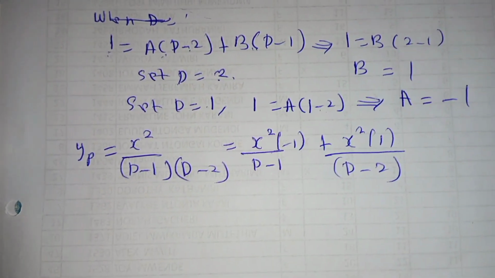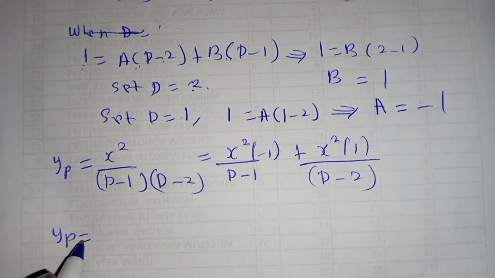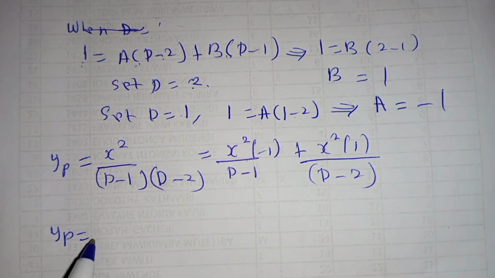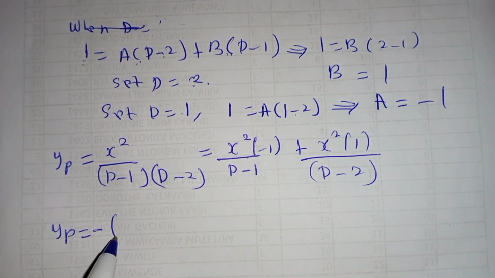That way. The next step, we rewrite it. yp is equal to minus outside.